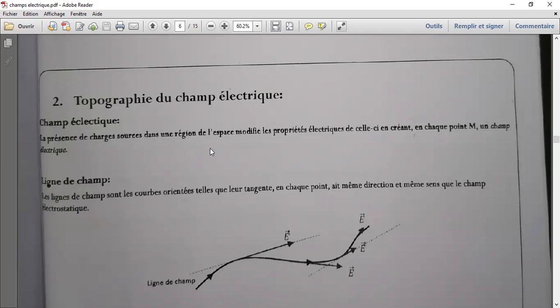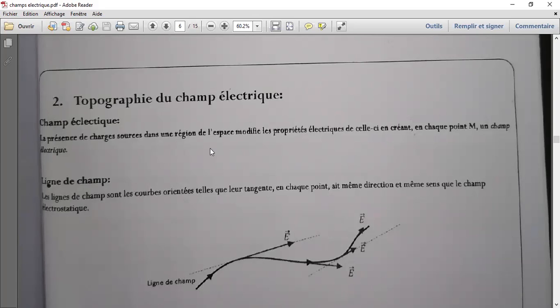The source is where everything begins. So it's the one which is going to determine the electric property of the champ électrique, the area in which there's electricity, in which the forces are formed.